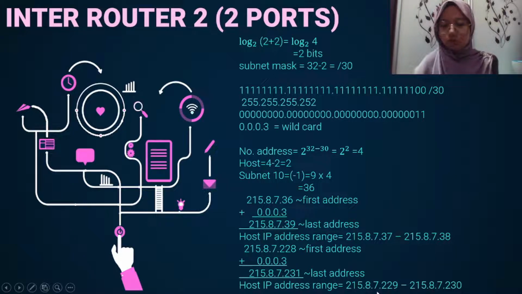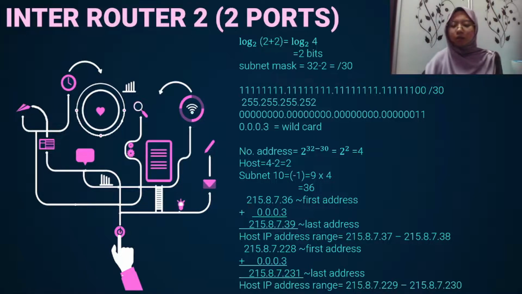So we just continue from before. Internetwork 1, we get 227 for the last address, and so we just continue so that we get 228 for our first address in internetwork 2.